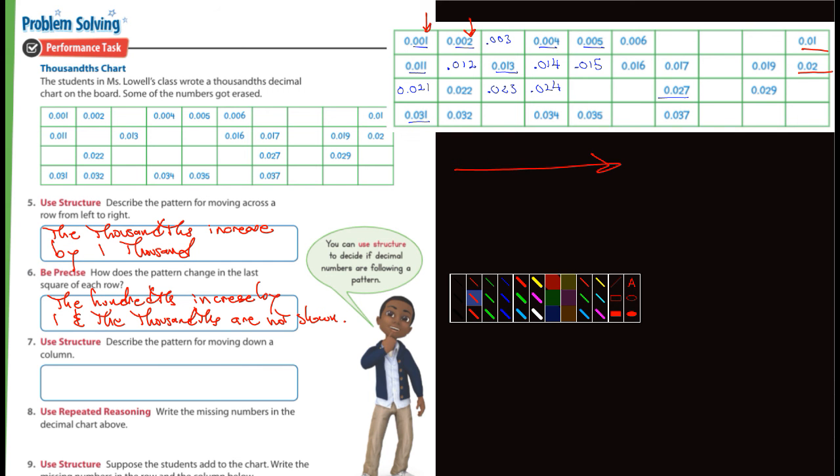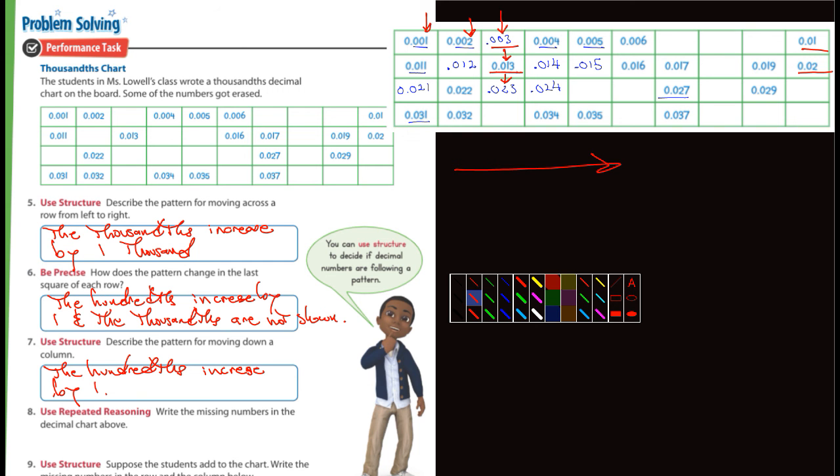Number 7, describe the pattern for moving down a column. If we're moving down, let's take a look here. 0.003, 0.013. What increases? The hundredths place. 0.023, the hundredths place. So what's the pattern? The hundredths increase by 1.